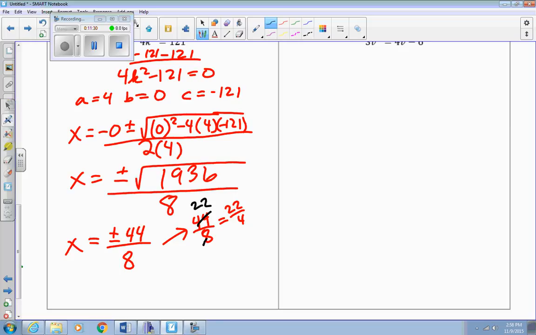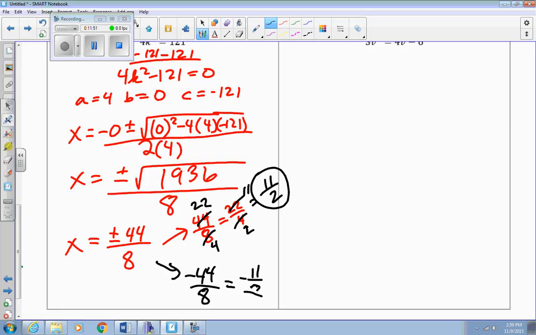So we divide it again by 2, we get 11 over 2. So 11 halves, or 5.5, is one of your answers. And you get a negative 44 over 8, which is the same thing, just with a negative. So that simplifies down to negative 11 halves, or negative 5.5.